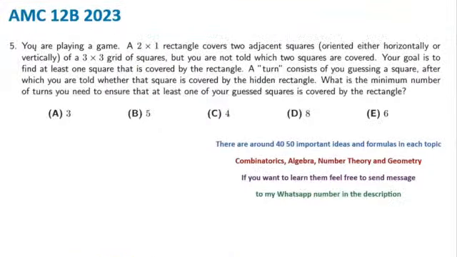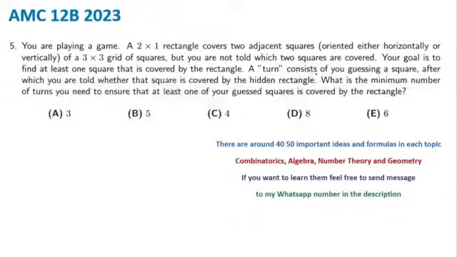AMC 12B 2023 problem 5. You are playing a game. A 2x1 rectangle covers 2 adjacent squares, oriented either horizontally or vertically, of a 3x3 grid of squares. But you are not told which 2 squares are covered. Your goal is to find at least one square that is covered by the rectangle.